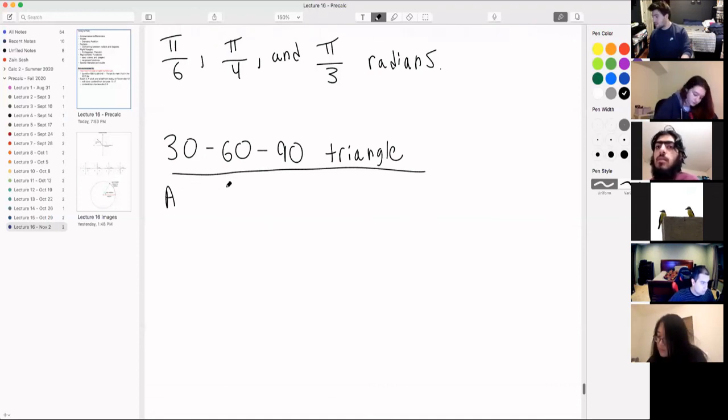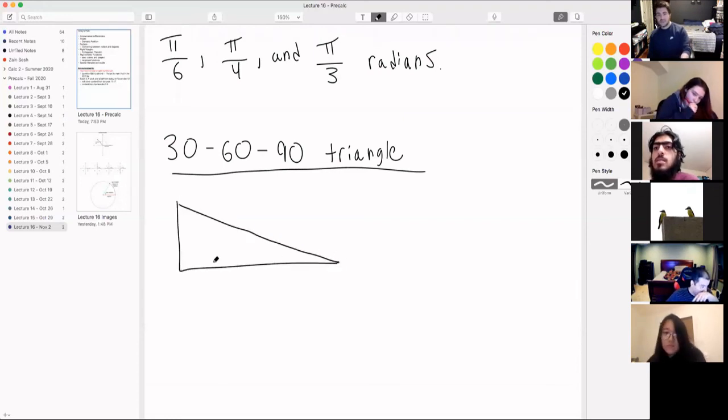What is a 30, 60, 90 triangle? Well, first of all, let me just draw the picture. A 30, 60, 90 triangle is a triangle whose angles are precisely 30 degrees, 60 degrees, and 90 degrees. So it's a right triangle. This will be 30 degrees up here, and this one will be 60 degrees.